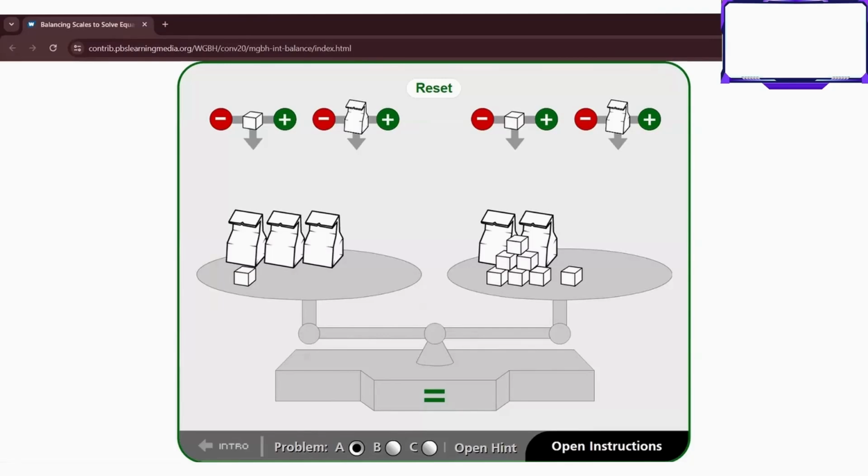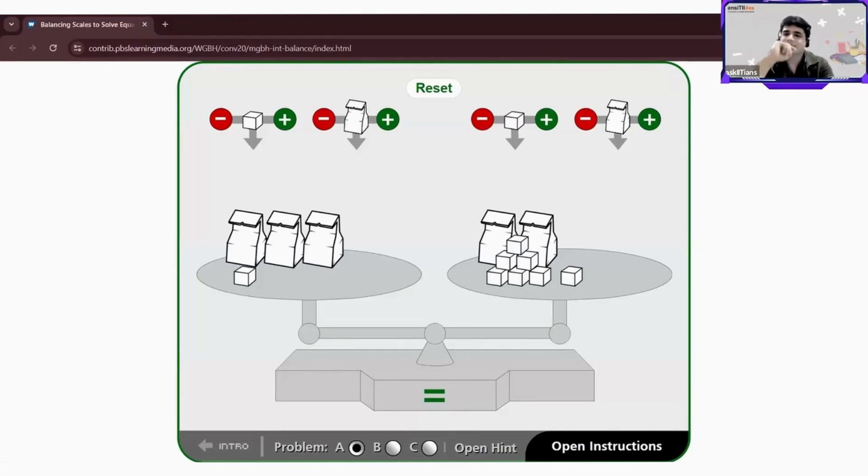So each bag has 6 cubes. Now you used your knowledge, right? But I'm asking you to go by purely intuition, purely your logic. Do not use any information that you must have gained from your teachers.